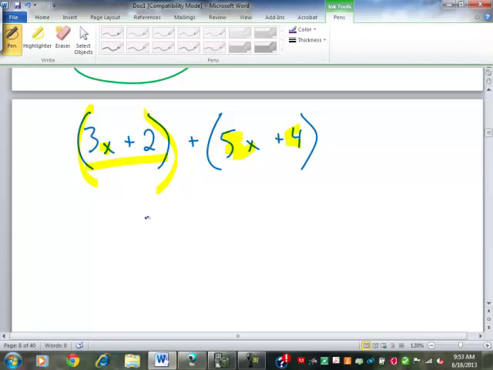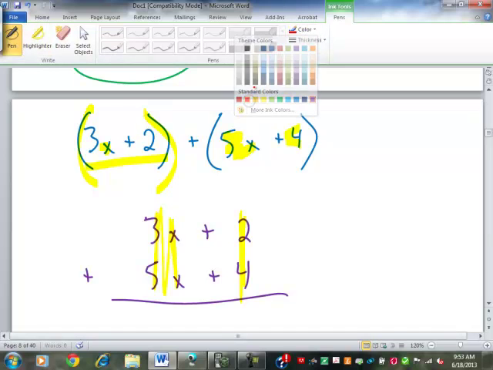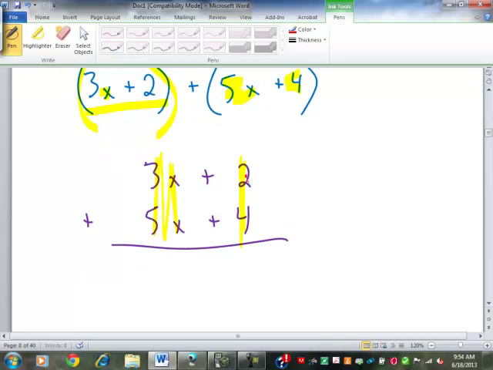We can set them up, 3x plus 2, 5x plus 4. Just like with the whole numbers where we were careful to line up the columns with the same place values, here we line up the 1s and we line up the x's. And we're just going to add straight down those columns. 2 plus 4 is 6.